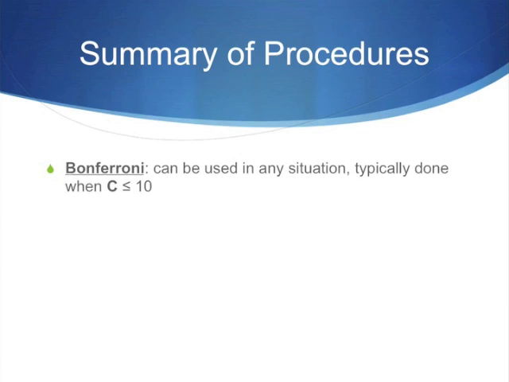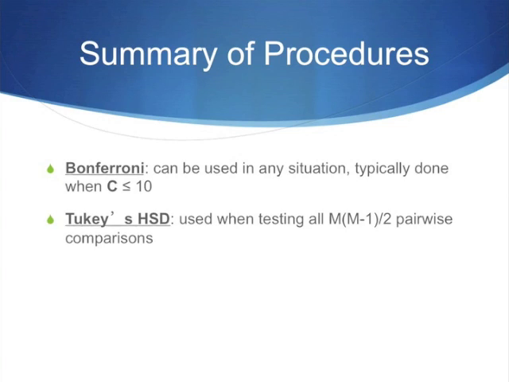So here is the summary and procedures about the Bonferroni and comparing with the other types of procedures. So as I said, it can be used in any situation, typically done with 10 tests or less than that. And also here is the Tukey. It can be used with testing how many groups you have, dividing by the pairwise comparison.